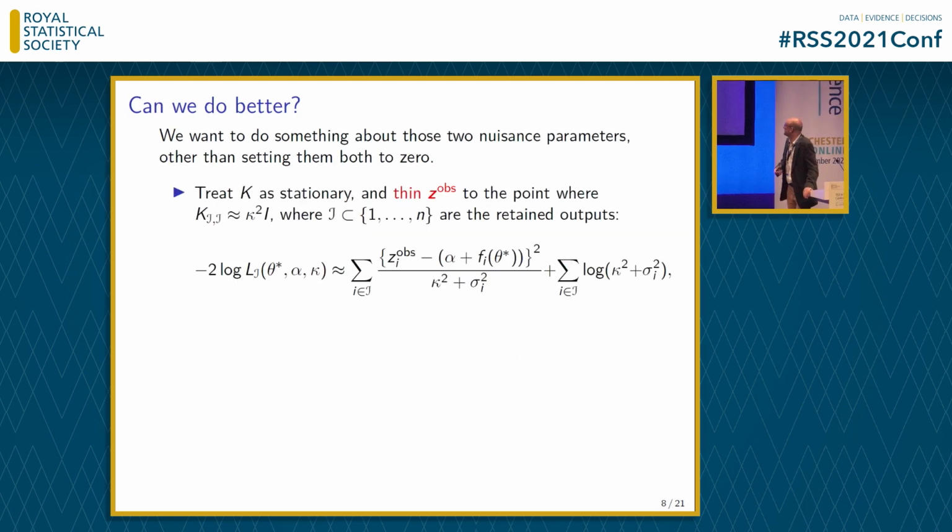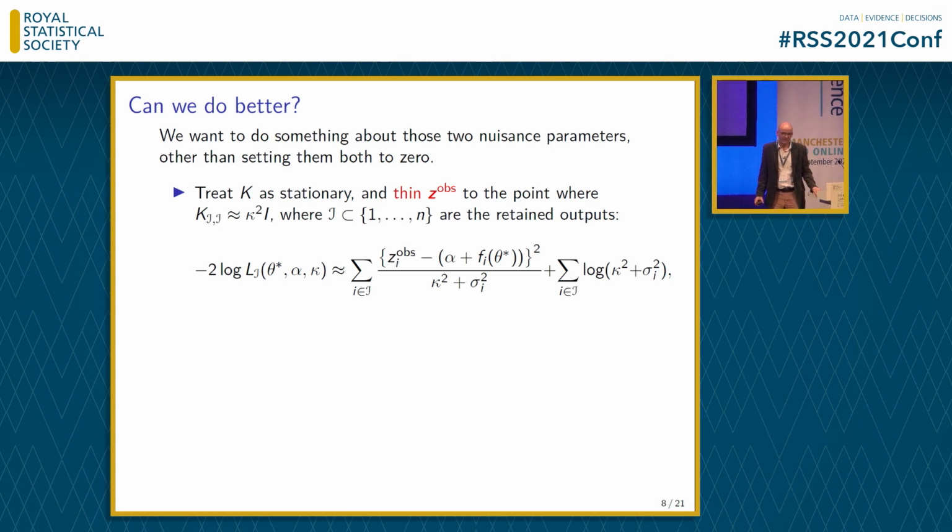So I'm going to do this in 2 stages. The first thing is we want to reduce, if possible, that matrix K, which is n by n, where n is the number of observations that we have, to a scalar. That would be much more convenient. So what I'm going to do, drastically, is imagine that the discrepancy is stationary, and then thin the observations to the correlation length of the discrepancy.